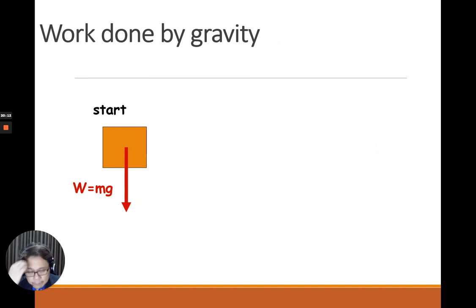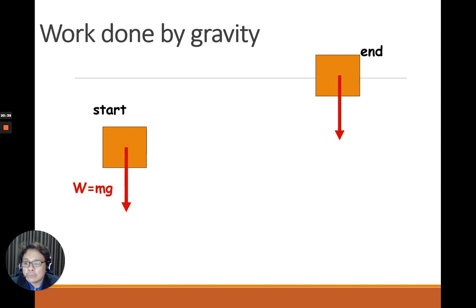Now, at the start of this lesson, we mentioned the work done by gravity. The work done by gravity is always pointed downward because gravity is the pull of the Earth on an object. It's the force of attraction between the object and the Earth.